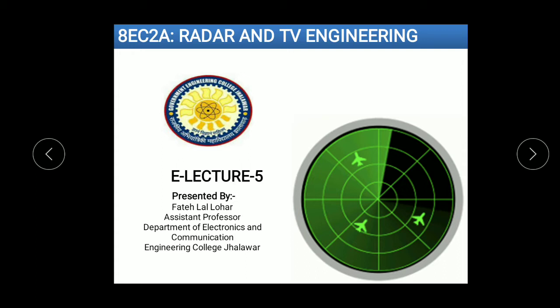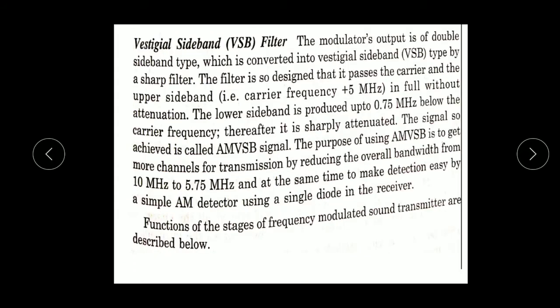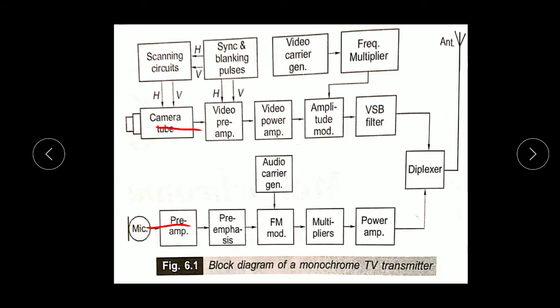In the last lectures, we discussed the monochrome TV transmission system. In this lecture, we have discussed recording of the TV signal, meaning recording of the audio signal and recording of the video signal.